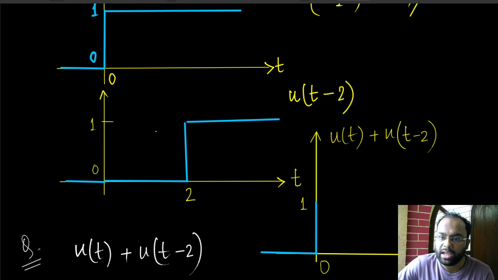If it wasn't for u(t minus 2), the signal would have stayed at a value of 1 throughout its lifetime. But now look carefully at what happens between time 0 and 2. This is time 0 and this is time 2. Up until t equal to 2, this signal has a value of 1 and this signal has a value of 0.